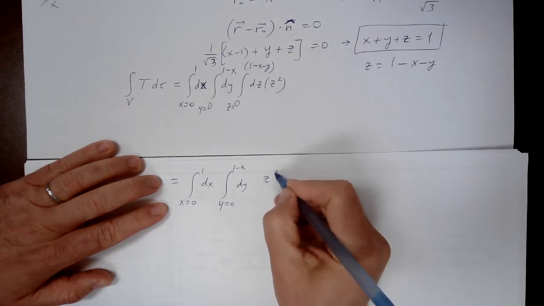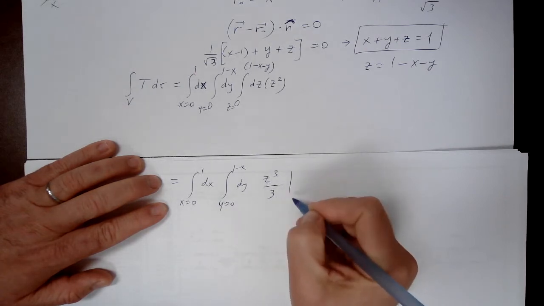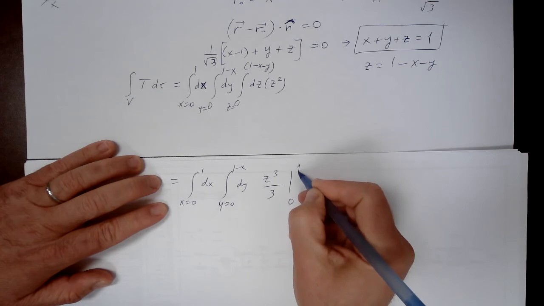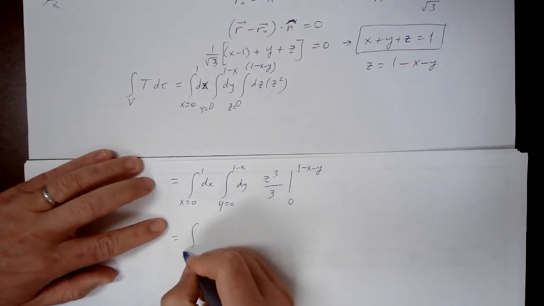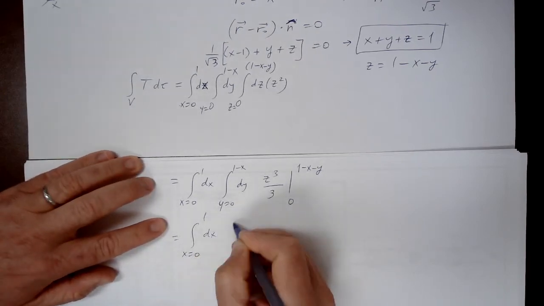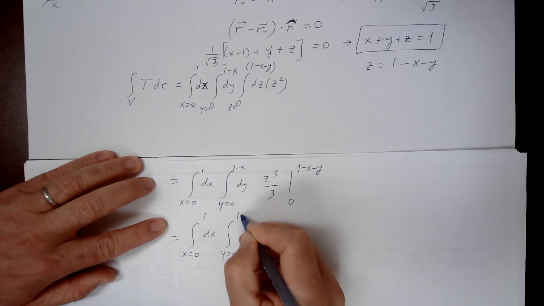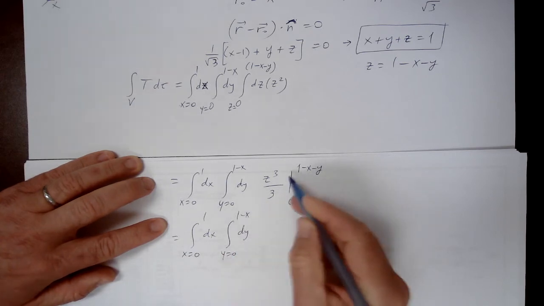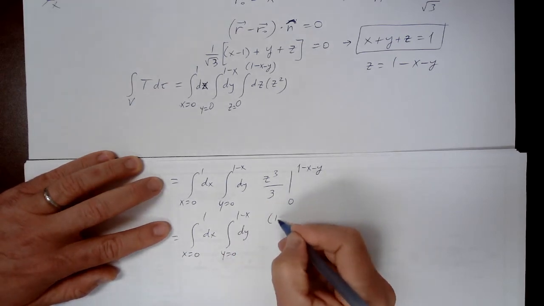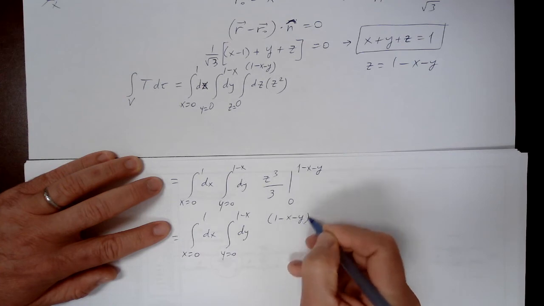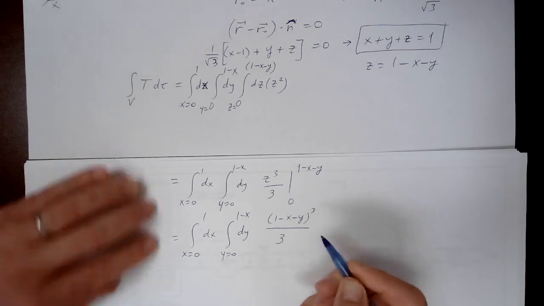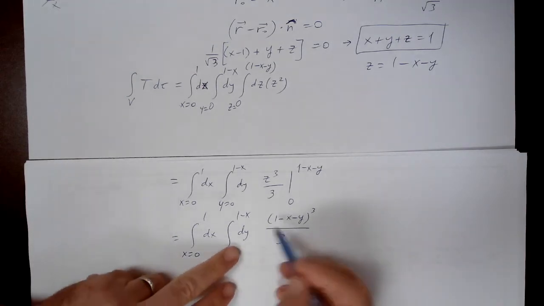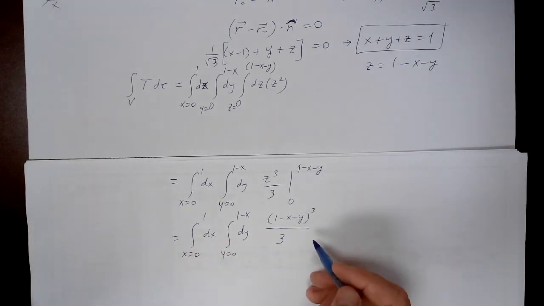Now z cubed over 3 evaluated at 0 and 1 minus x minus y. So what do I have there? x is 0 to 1 dx, y is 0 to 1 minus x dy. Now what I have here is (1 minus x minus y) cubed over 3. Now I'm going to do a y integral.